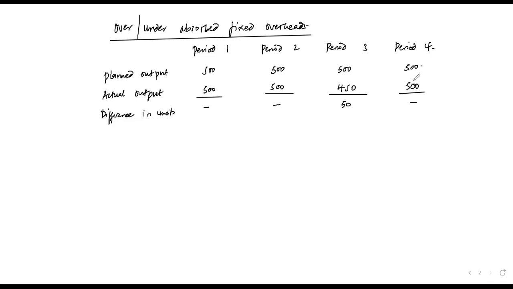So you see that the fixed costs will be understated in period 3, simply because our actual output of 450 is less than the planned output. So I'll just multiply by the fixed cost per unit, which is 12 pounds.